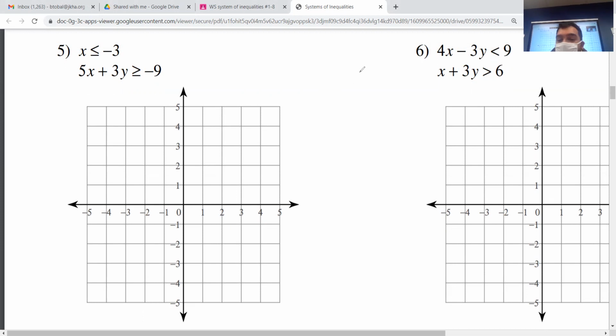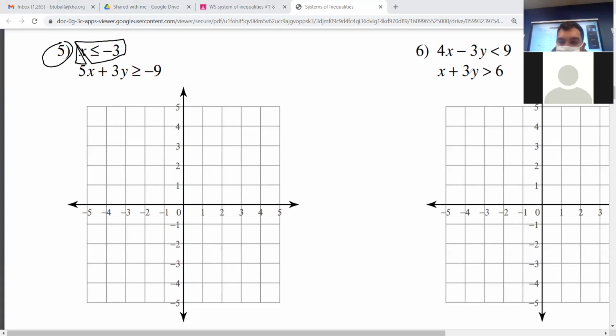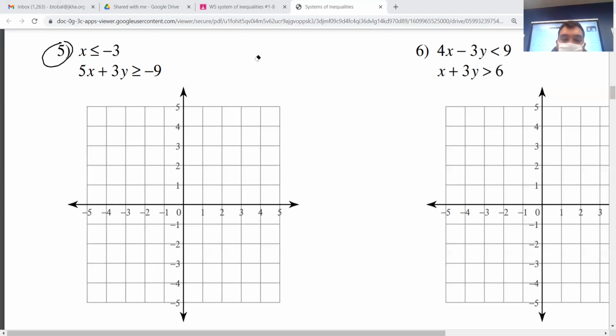All right, so Gabby, I'm sorry to leave you hanging. So we did number 5, right? Are you getting tripped up by the x is less than 3? Well, I'll do it anyway. Here we have a situation where x is less than or equal to -3.